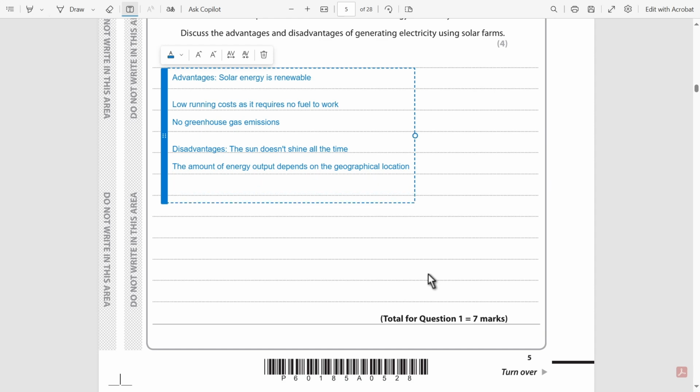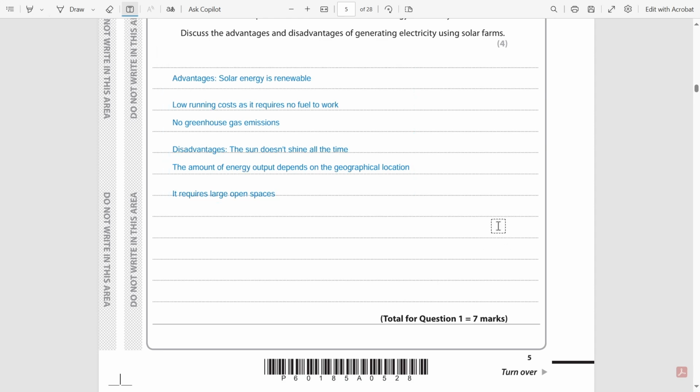Another one would be that it requires large open spaces. What that means basically is that there needs to be a lot of them to produce a lot of power, and therefore you need a lot of space.